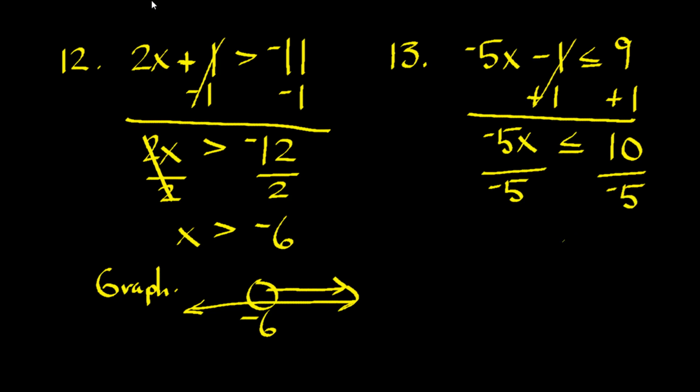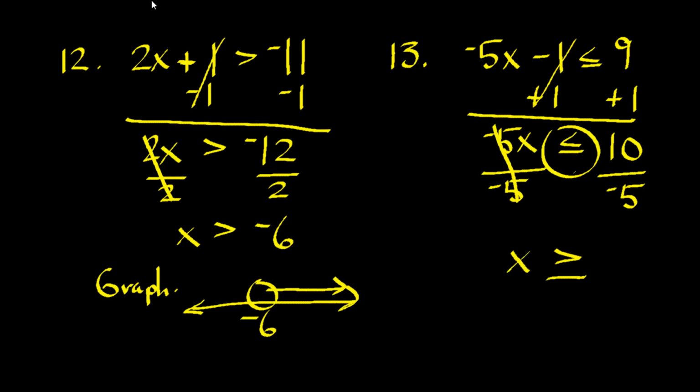But there's a rule that everyone needs to know, that when you divide by a negative number or multiply by a negative number, when you have an inequality symbol, it will change the direction of the inequality. So negative divided by negative is positive, 5 divided by 5 is 1, 1 times x is x.